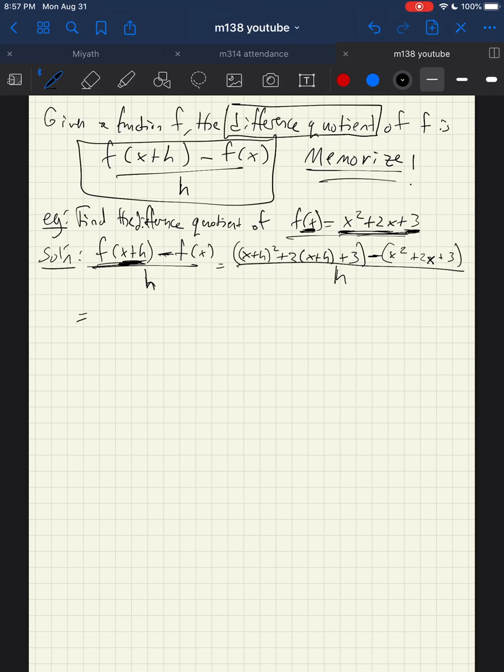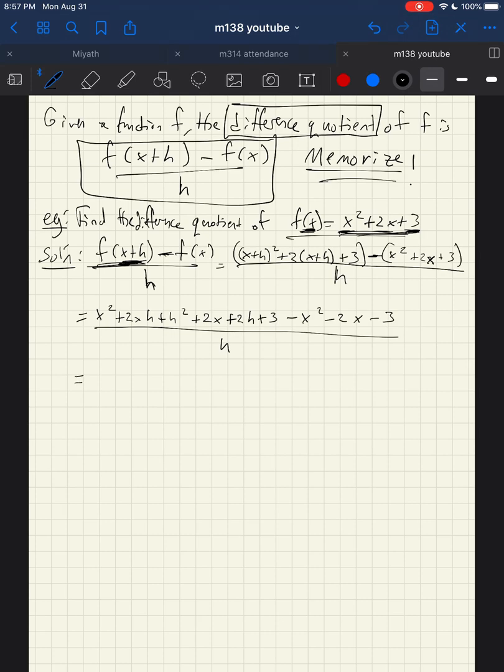So x plus h quantity squared becomes x squared plus 2xh plus h squared, plus 2 times the quantity x plus h gives me plus 2x plus 2h, and then plus 3. Now let's distribute this minus sign, so minus x squared minus 2x and minus 3. All of this is divided by h.